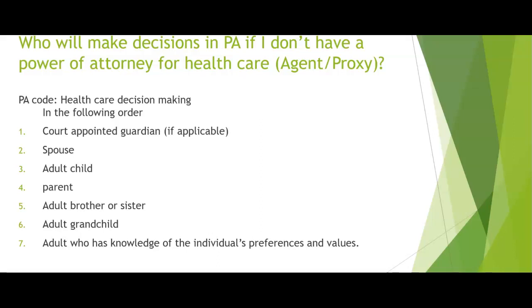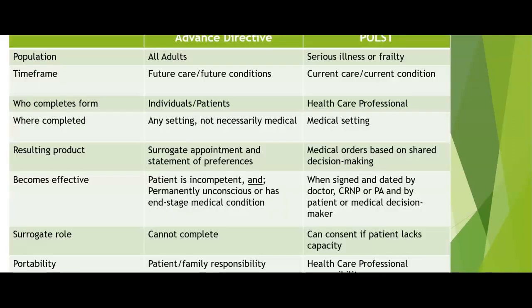That's a whole story that I'm not going to get into right now. But please be aware that it really benefits the family and loved ones for you to have a healthcare proxy.